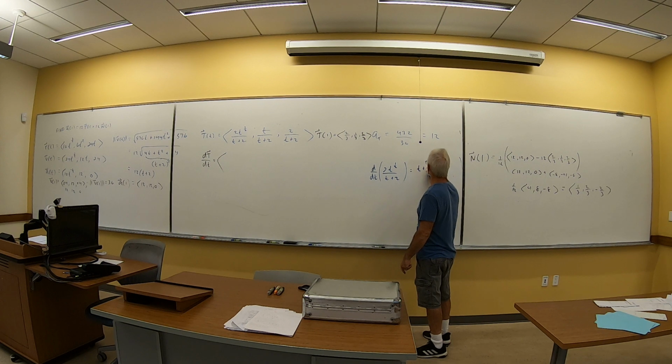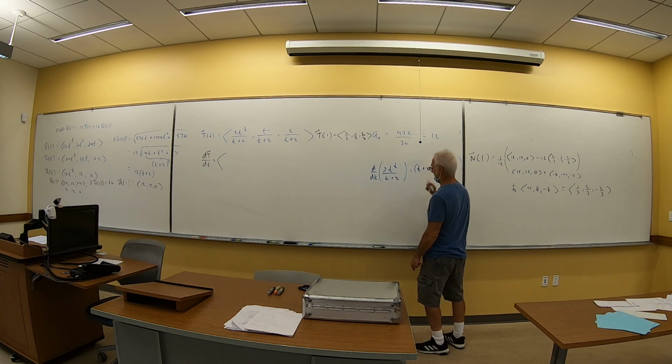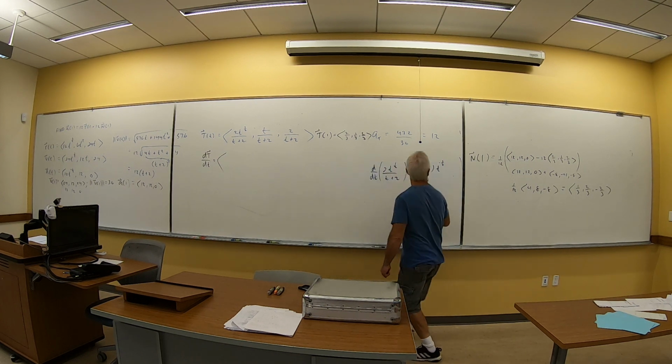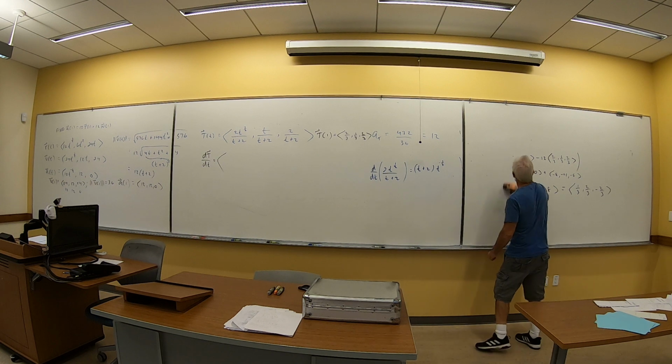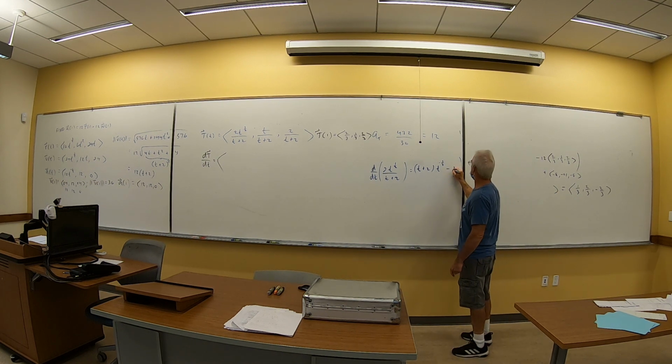So bottom times derivative of the top, which would be, what, t to the negative half, stuff, minus the top times the derivative of the bottom, which is just 1, over the bottom squared. Oops, that's a 2.